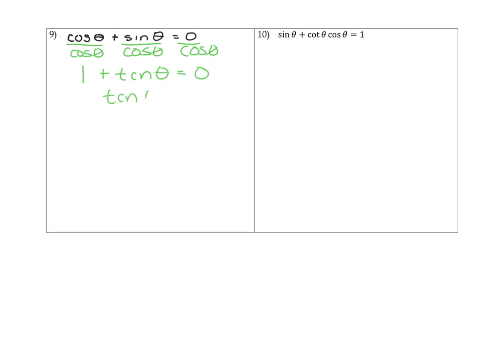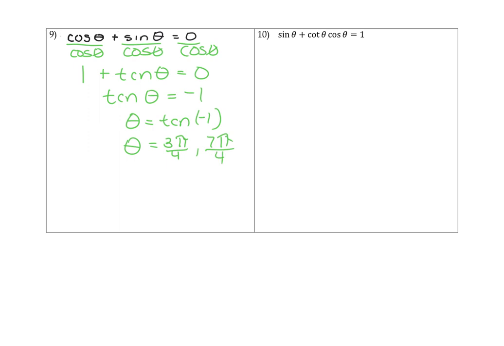Subtract that 1 and tan theta equals -1. The arctan of -1. And now tan is negative in quadrant 2 and quadrant 3. So this is 3 pi over 4. I'm sorry, quadrant 2 and quadrant 4. And 7 pi over 4.